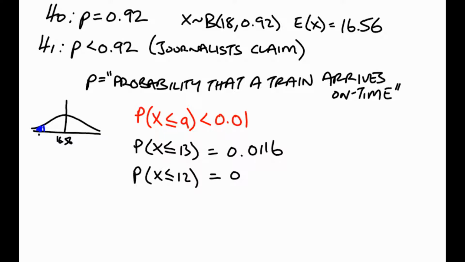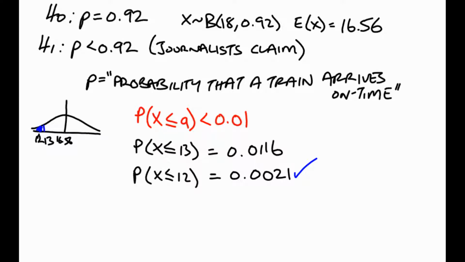Once again, in the calculator, 0.0021, there it is. It's smaller than the 1%. 12 must be this value over here. This is my 12. Next to it, I would have had 13, but 13's not actually inside that critical region.